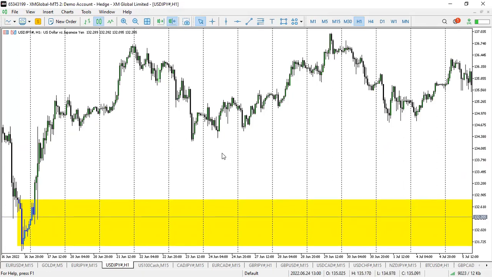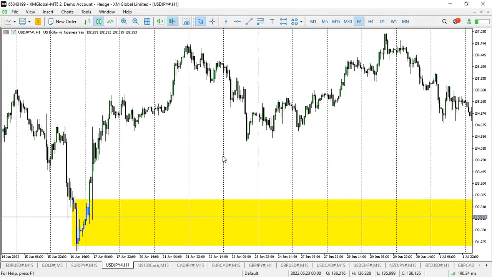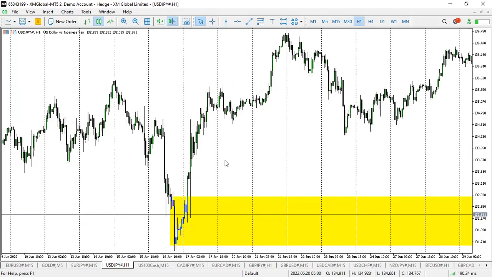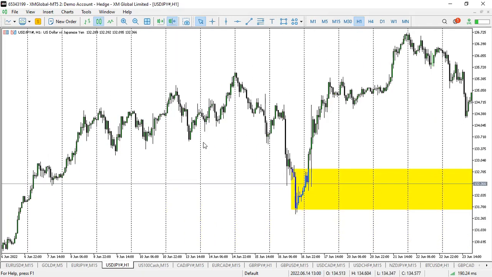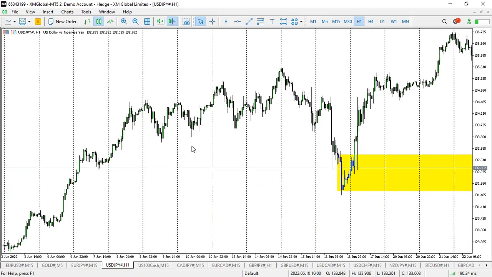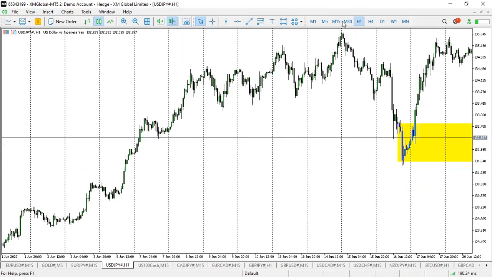We have more. So the key is just look at how price is approaching your point of interest. If you don't have any, just look for a lower time frame reversal on the point of interest. That's what you look for.